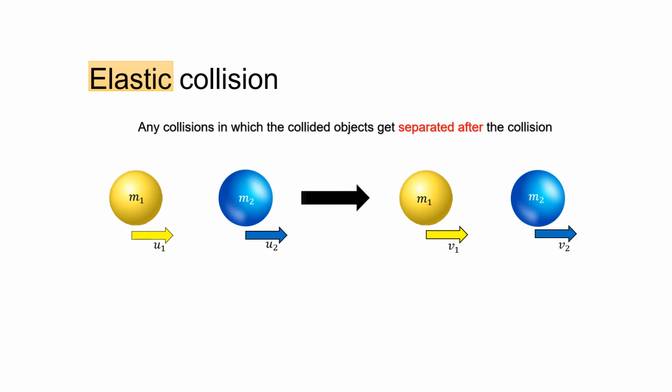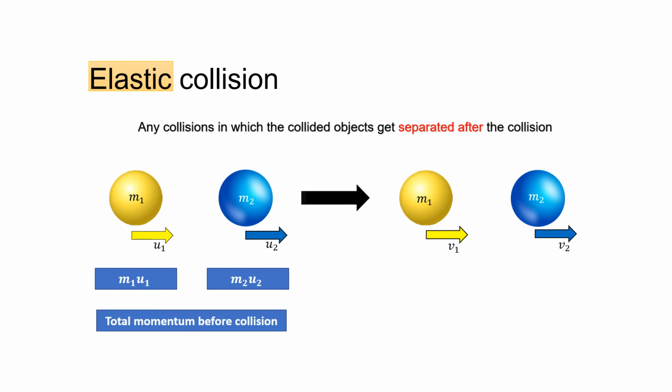As we know that momentum is the product of mass and velocity, so the momentum of ball 1 is m1 u1 and for ball 2 is m2 u2. The principle of conservation of momentum is the total momentum before the collision.